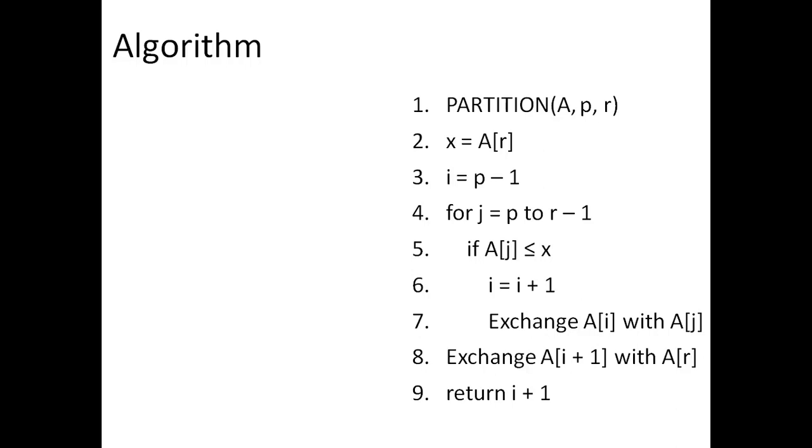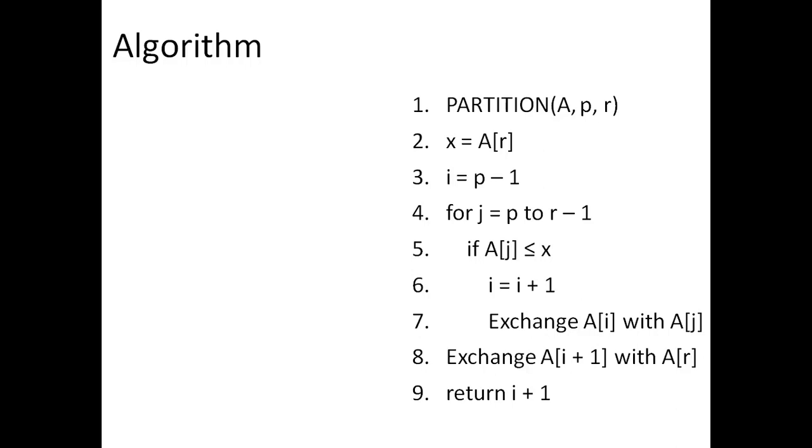Now the logic is that the element at index J is to be compared with the pivot element at index R of the array. Here we have assumed that A is the name of the array. So if A[J] is greater than A[R], then increase J by 1. We don't have to do anything else.